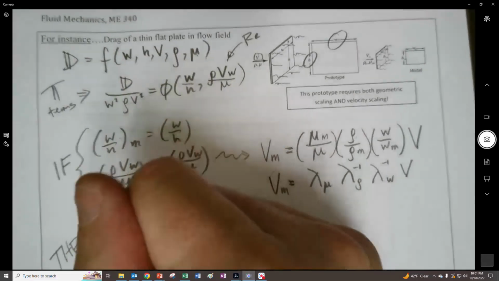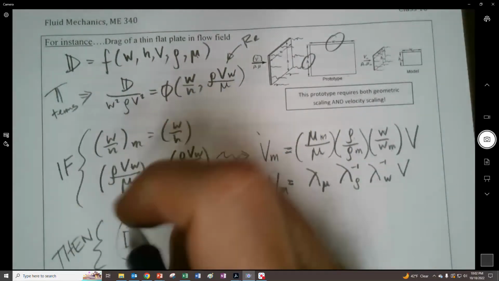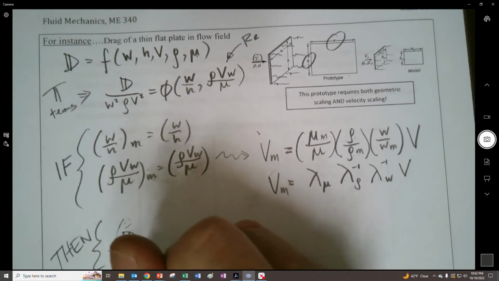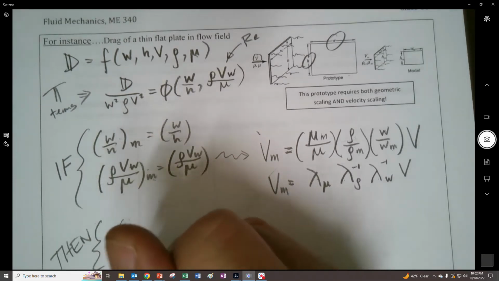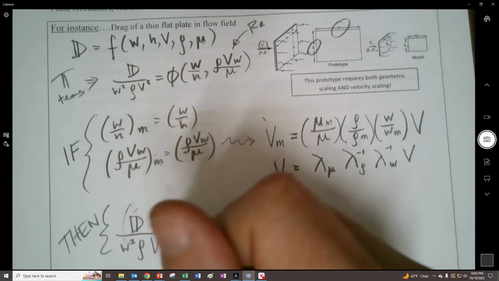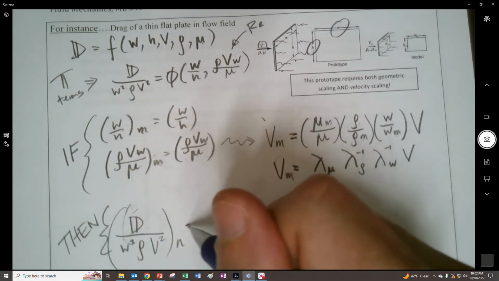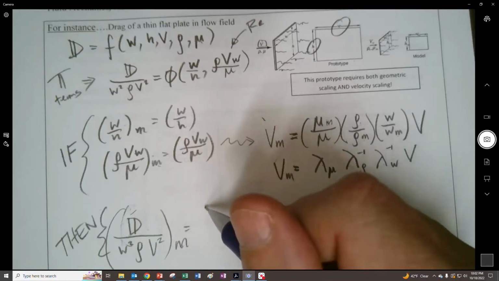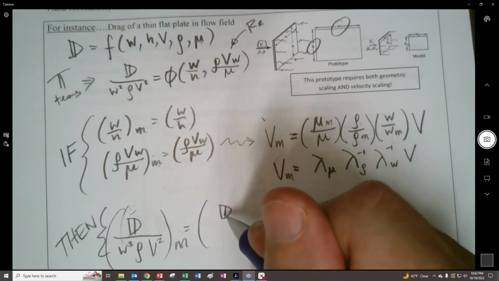And v squared, right? So that's the model, and here's the real one.